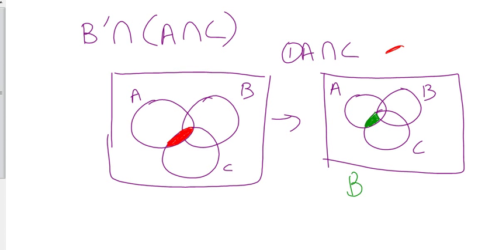All right, well, let's try. Let's do one more. A prime minus, which way does the minus slash go? Is it like that? Is it that way or the other way?